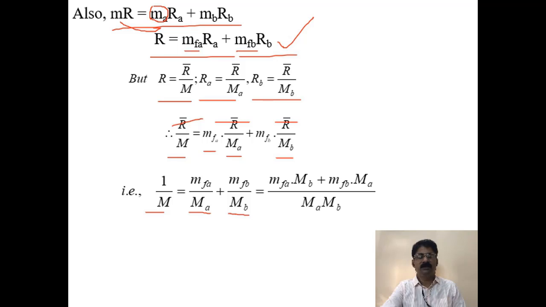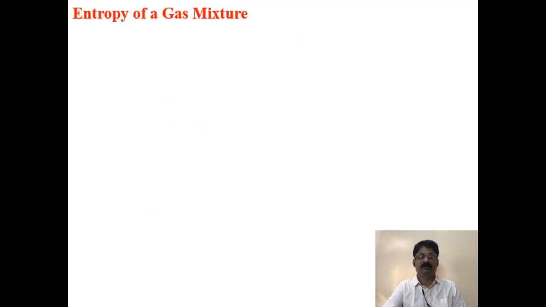If you simplify this, you will get (MFA into Mb plus MFB into Ma) divided by MaMb. If you take the reciprocal, you will get the expression for the molecular weight of the mixture as molecular weight of A into molecular weight of B divided by mass fraction of A into molecular weight of B plus mass fraction of B into molecular weight of A.